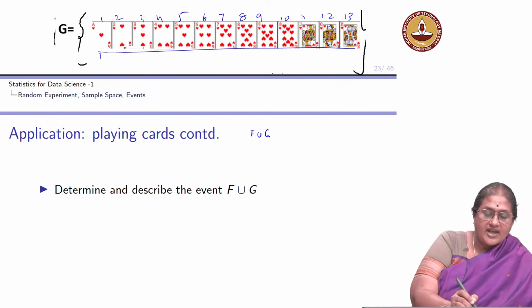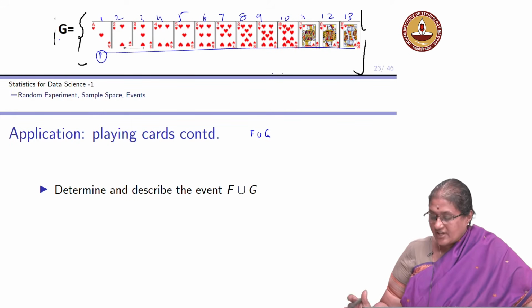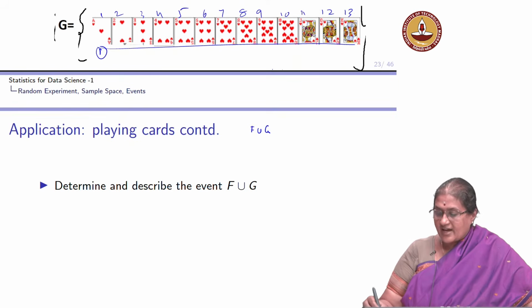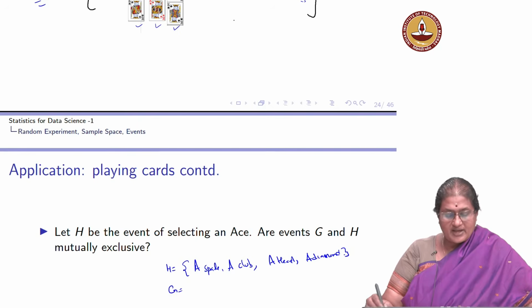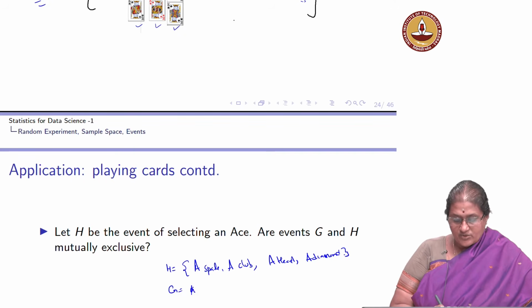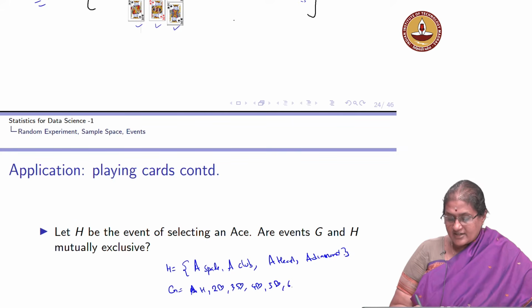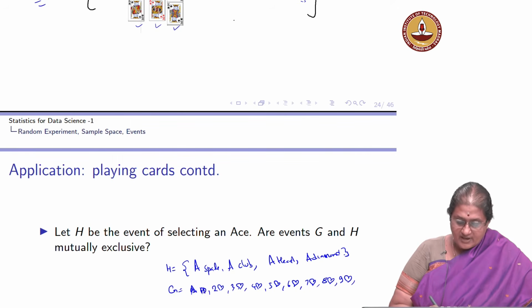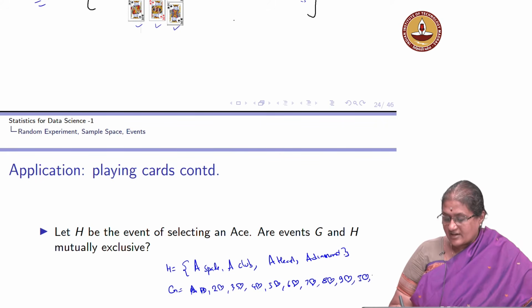So, you can see that A hearts is one of the outcomes in my event G. So, I have A heart, 2 hearts, 3 hearts, 4 hearts, 5 heart, 6 heart, 7 heart, 8 heart, 9 heart, 10, Jack heart, Queen heart and King heart.